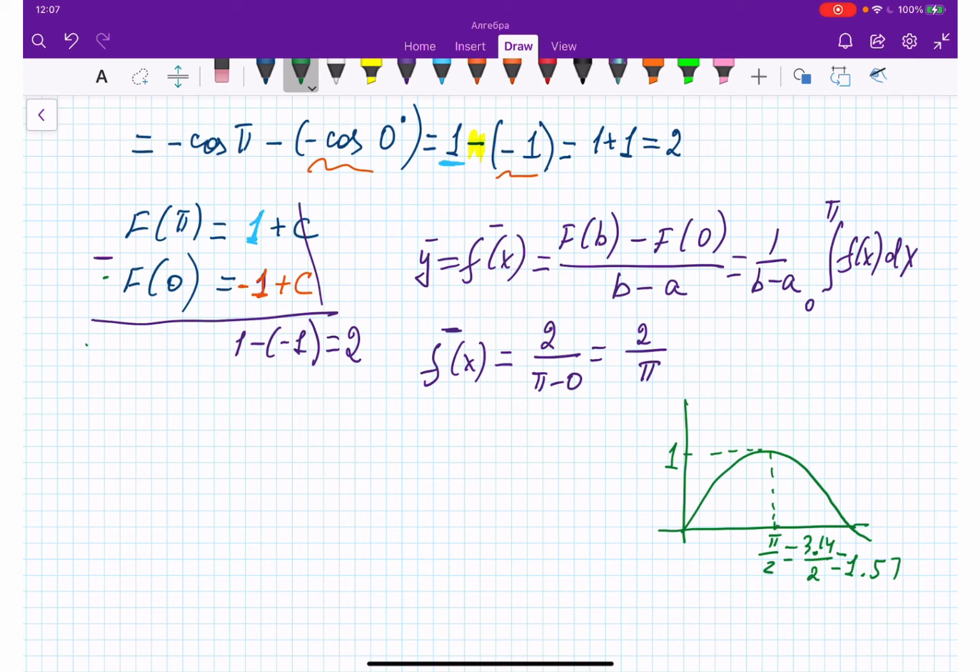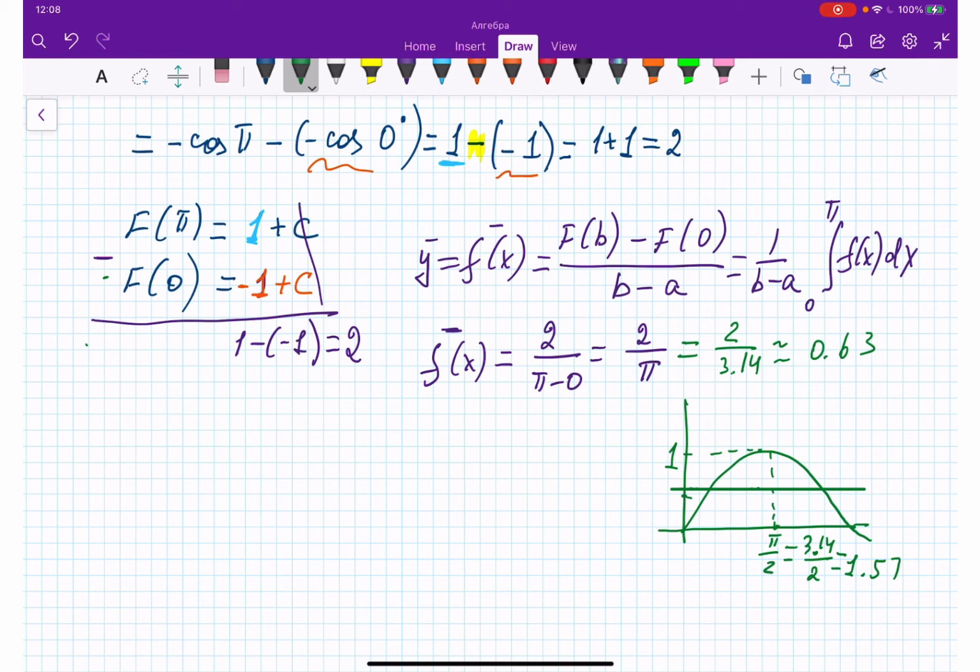Yes, this piece, 1.6. And our average here is going to be 2 divided by 3.14. It's going to be approximately 0.63. So 0.63, if this is my half, so this is going to be our average, right? This is going to be our average.